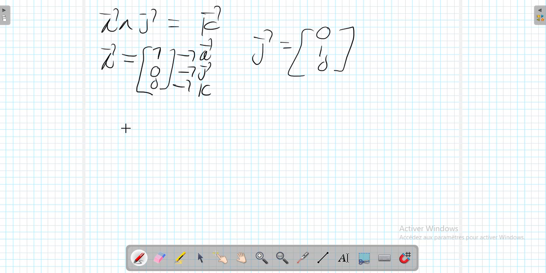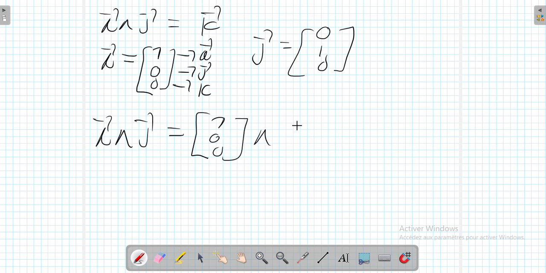Then the vector product of E vectorial G will be calculated to be 1, 0, 0 vectorial 0, 1, 0.